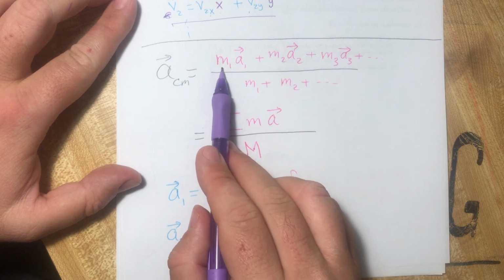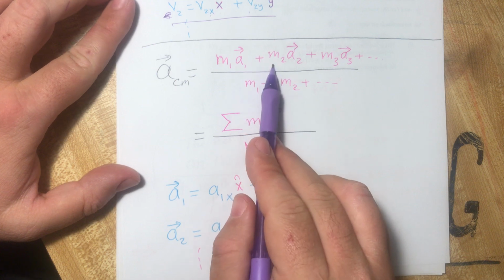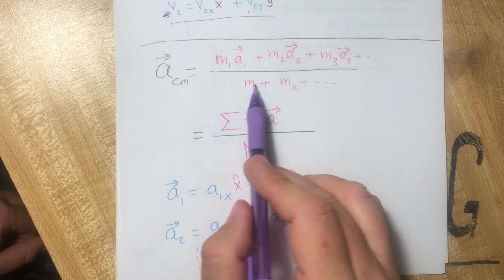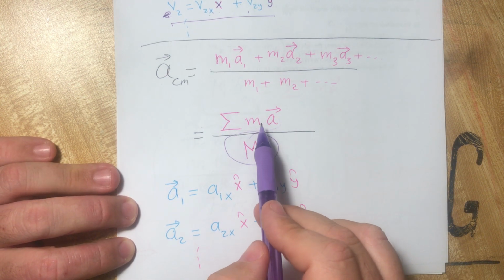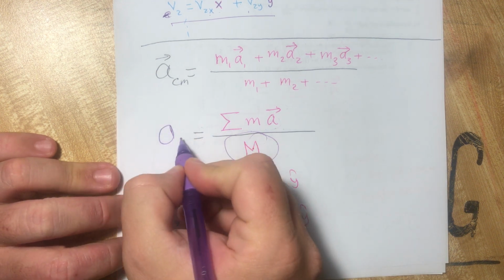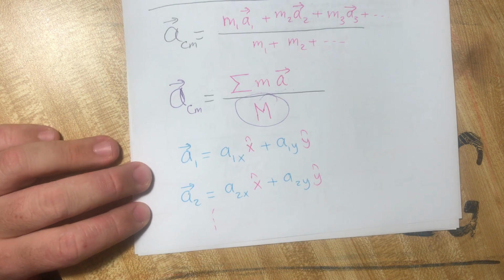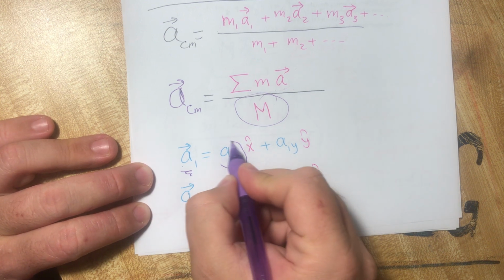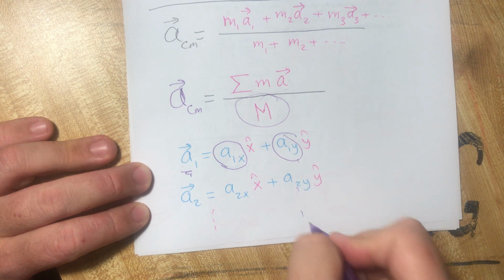So the first body mass multiplied by its acceleration vector, plus the second body mass multiplied by its acceleration vector, and so on, divided by the total mass, which is capital M. So this is the summation of m by its acceleration. This is the acceleration of the system's center of mass. And for each body, its acceleration is composed of an x component and a y component.